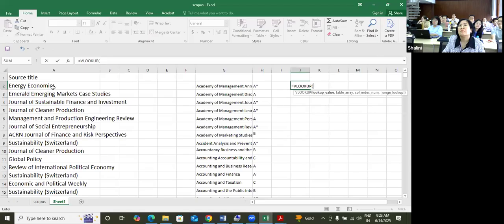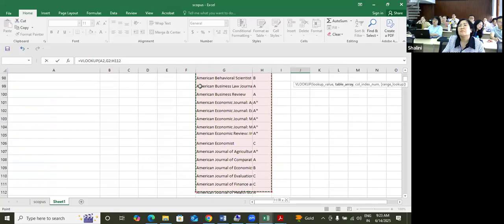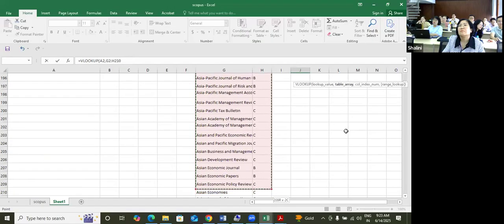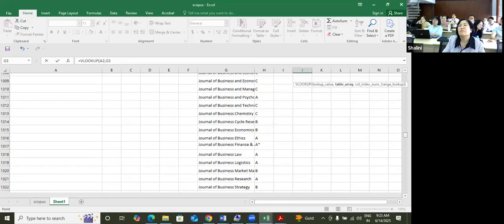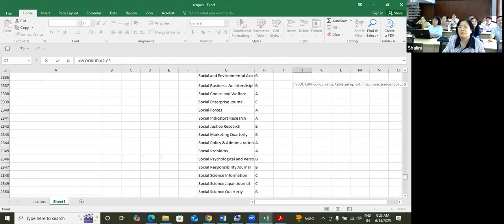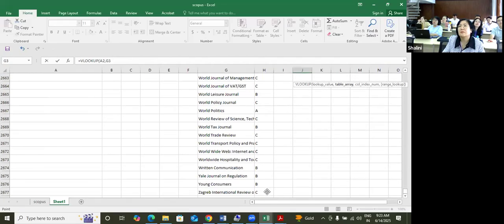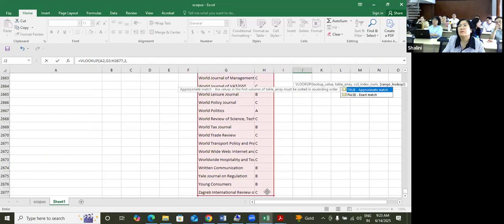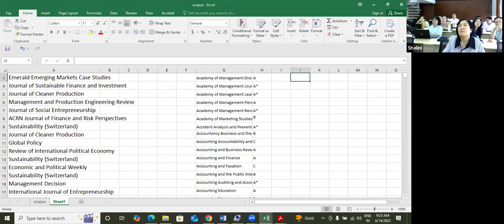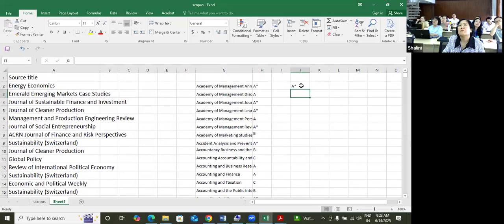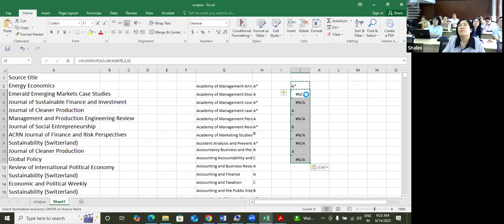So, equals VLOOKUP: we look up this journal, Energy Economics, then select these two columns, the whole of the list, comma 2, comma 0, and close the bracket. For Energy Economics, we come to know that it is A star. Let me do this for the others as well.